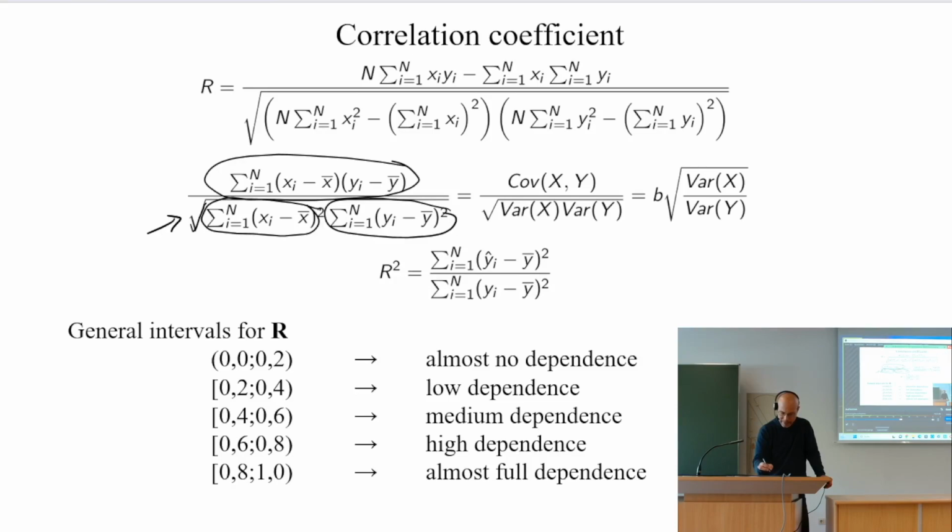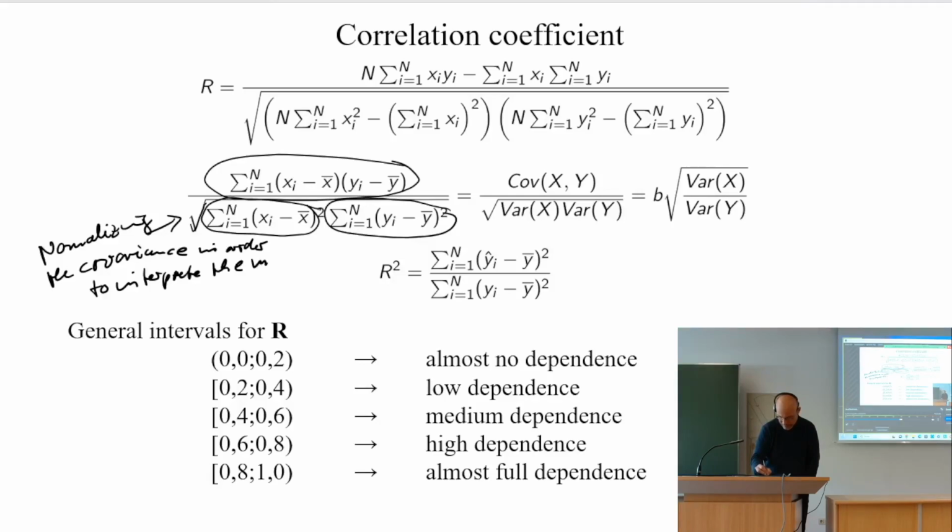So this is normalizing the covariance in order to interpret the number for the dependence between x and y.